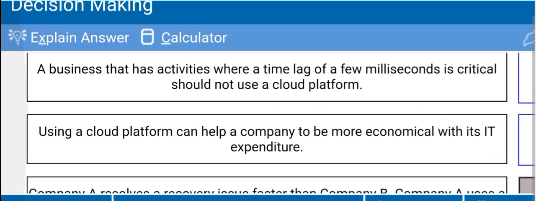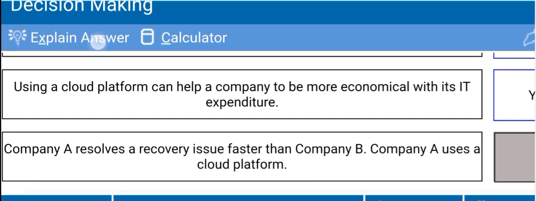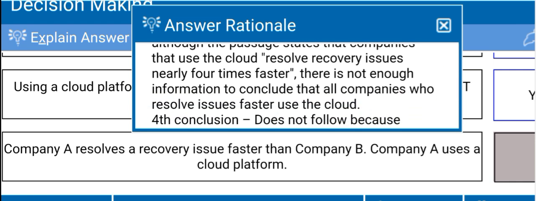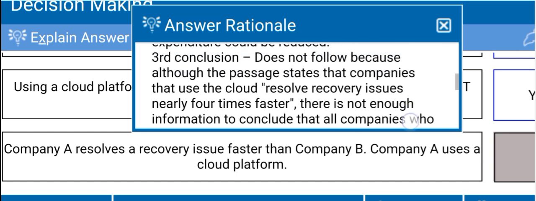Then we have a third conclusion that it does not follow because although the passage states that companies that use the cloud resolve recovery issues nearly 4 times faster, there is not enough information to conclude that all companies who resolve issues faster use the cloud.